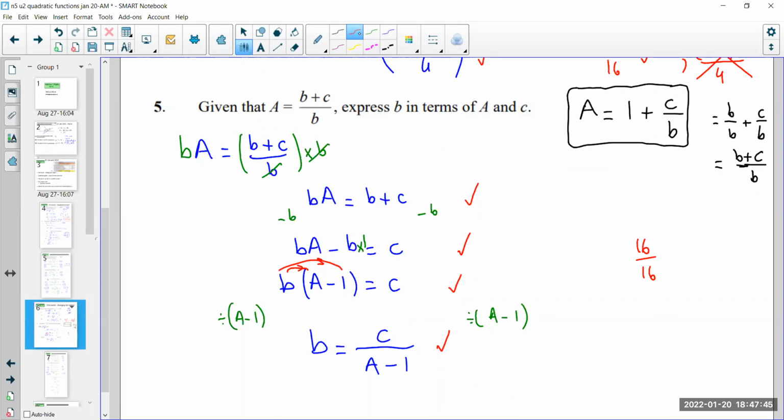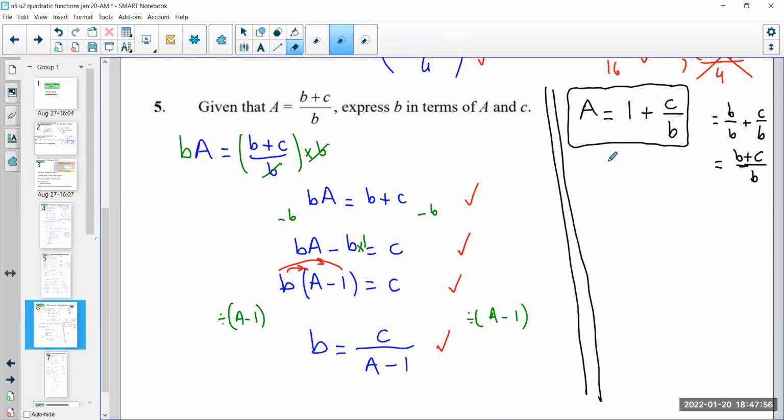So what if you had decided to write it this way? What if you had decided, I'm going to rearrange this because I don't like B at the top and B at the bottom. Guess what? You just take away 1 first, A minus 1 equals C over B. Then you time by B both sides.